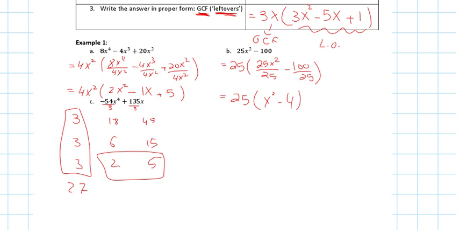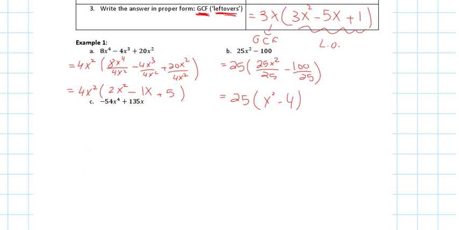Now, here's the thing that I want you guys to pay attention to. Whenever your first term is a negative, you must factor the negative out. So it's not only 27, it's going to be negative 27. Clear?